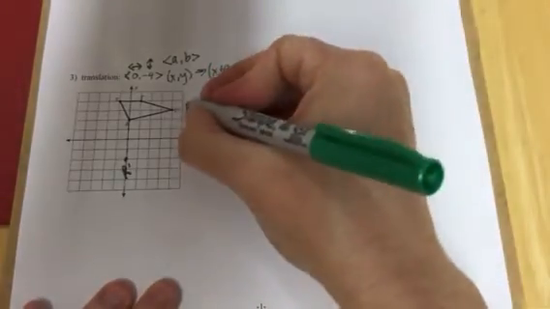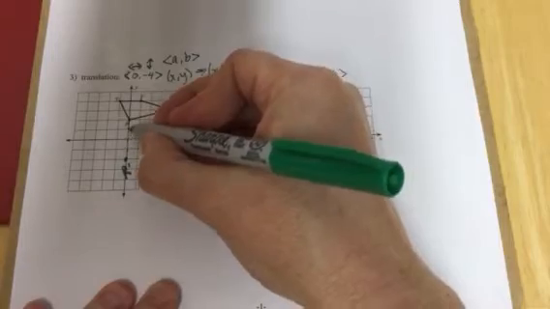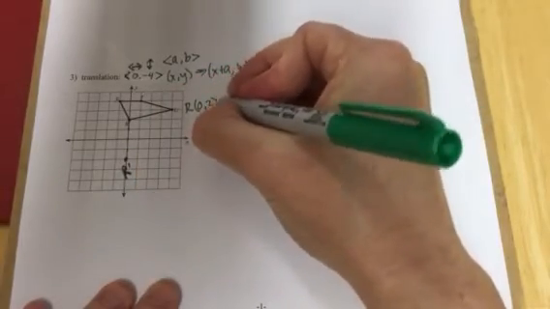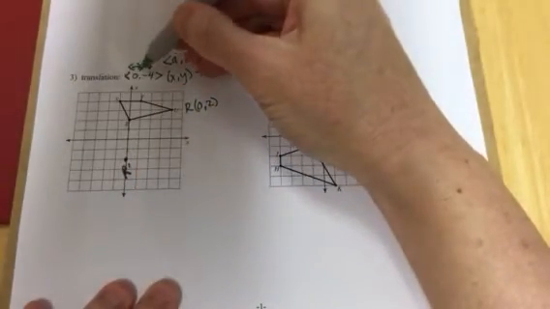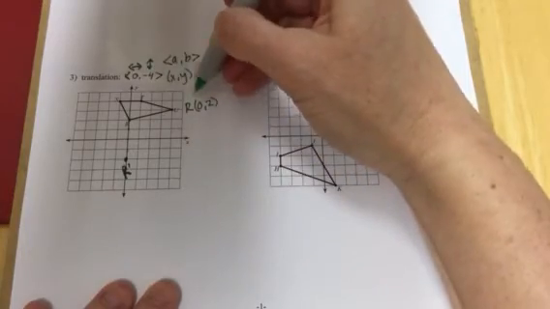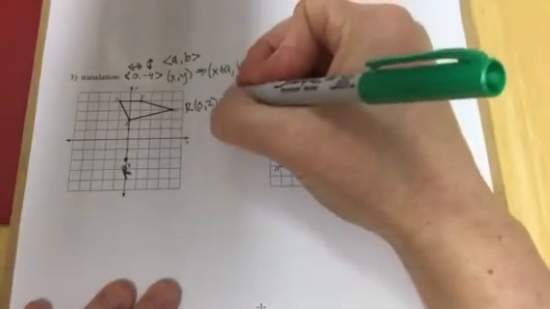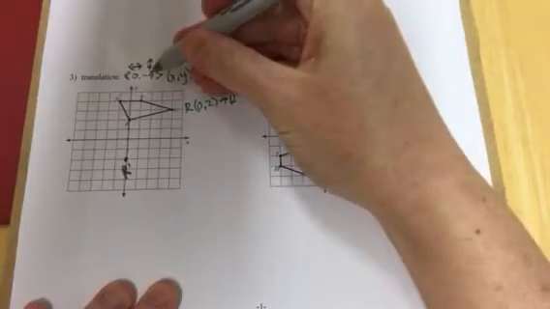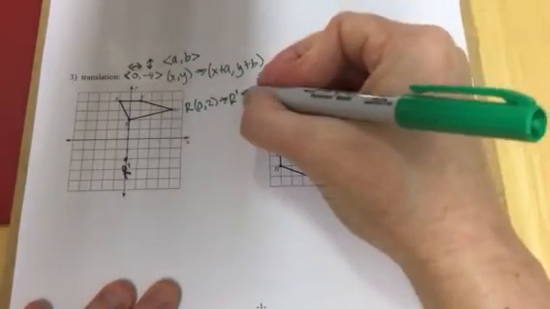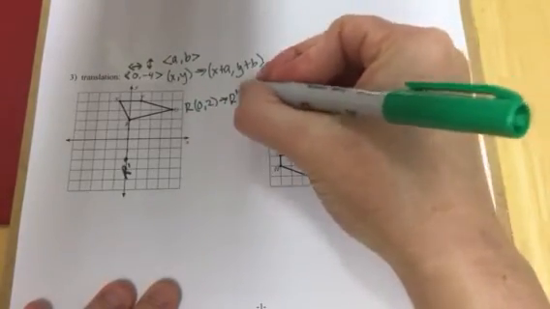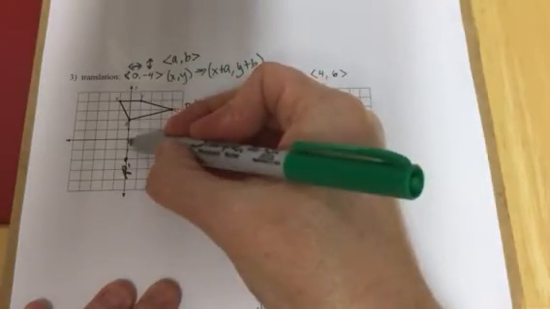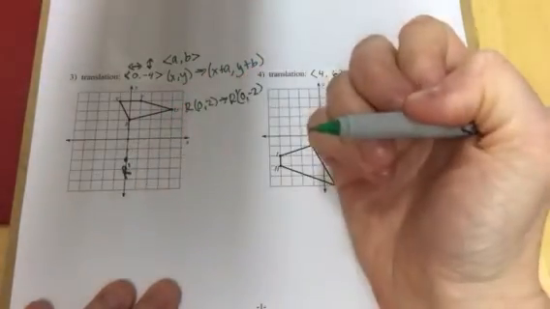So let's look at R. Its original coordinate is at 0, 2. Since the vector is 0, -4, we would take 0 plus 0, which is just 0, and -4 plus 2, which is -2. And sure enough, we have plotted that point at 0, -2.